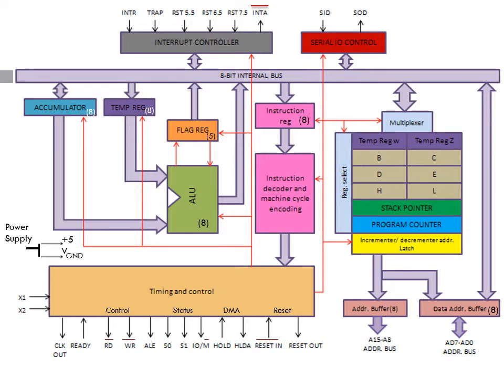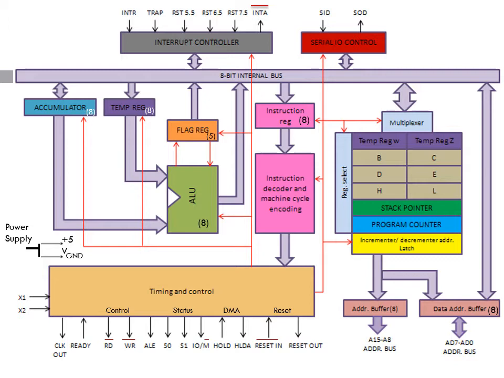So you are having the control signals, you are having the status signals, you are having the signals corresponding to the DMA operation, direct memory access operation, and the control signals which are used to reset. Okay, and you are having the power supply pins, you are having the crystal input that is used to generate the clock frequency, X1 and X2.